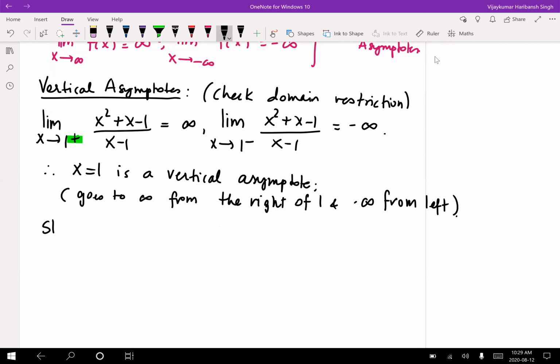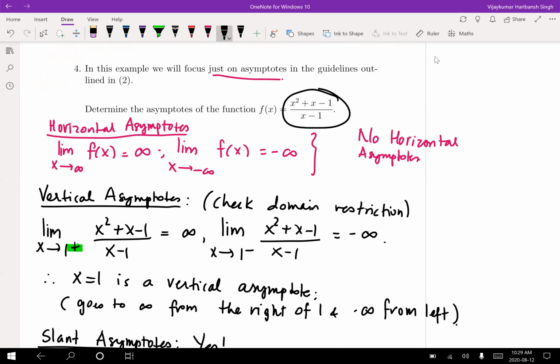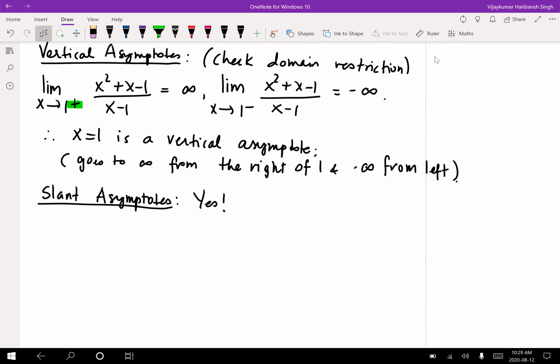So what about slant asymptotes? Is there a slant line, which is neither vertical nor horizontal, which is an asymptote? And the answer is yes. Why? Because the degree of the numerator equals the degree of the denominator plus 1.